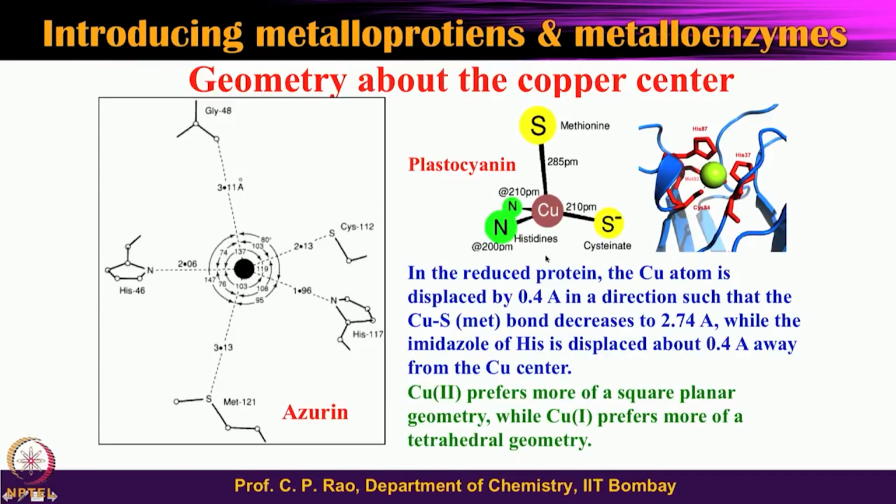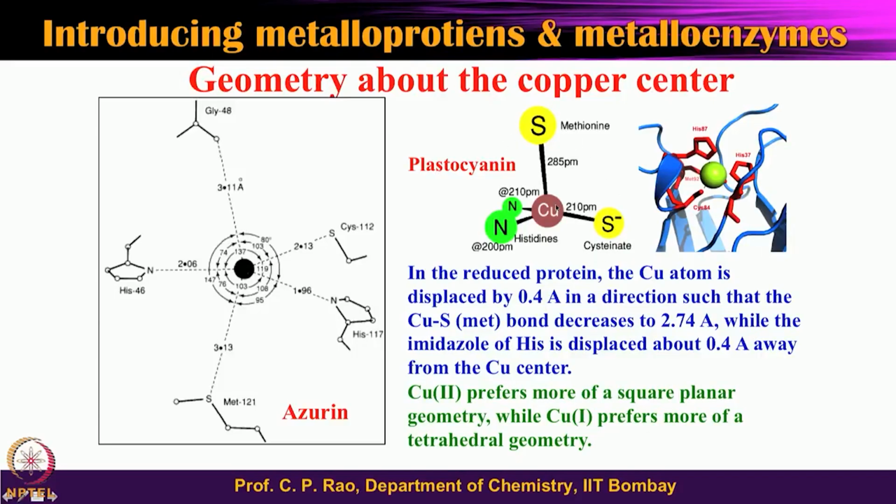Let us look a little more at how such a distorted geometry will help. You see the kind of distortion in plastocyanin here. The methionine bond is 2.85 angstrom, in other words 285 picometers, which is very far away from the normal one. The normal one with thiolate is about 2.10. This is from the oxidized protein.